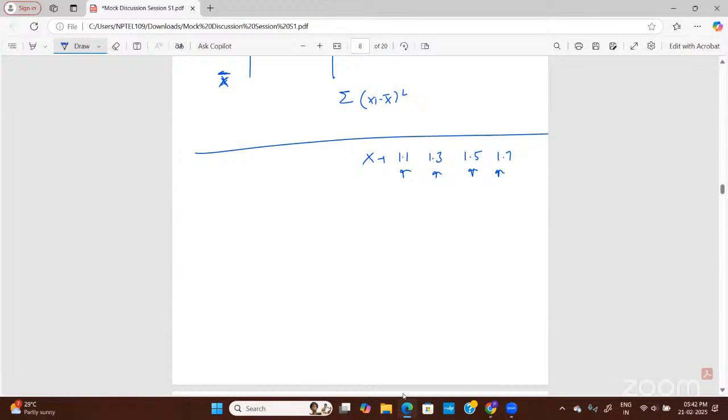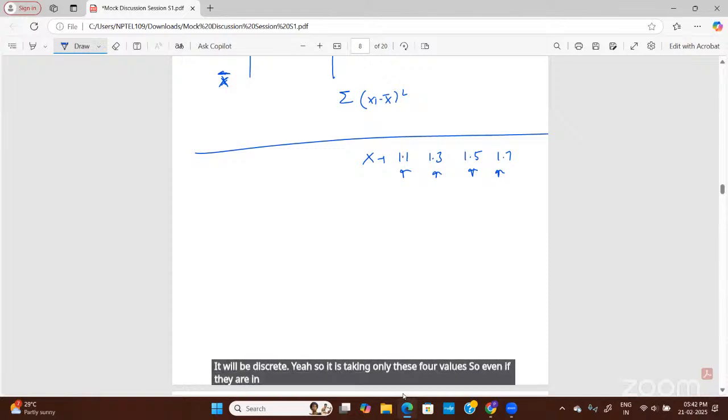Ma'am, it is continuous because it's in the point, na? If it can take only four values, it will be discrete. So even if they are in decimal, but the variable is taking these four values only, then it will be discrete.